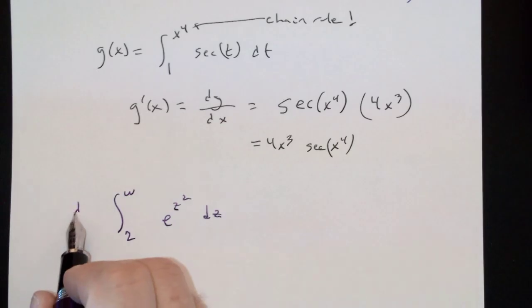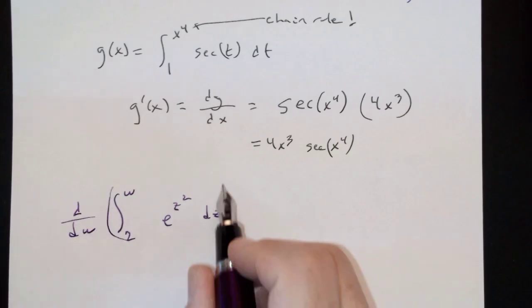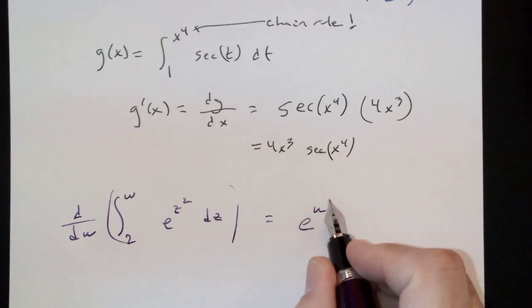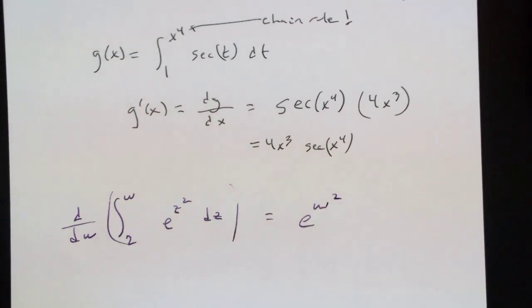And I want the derivative with respect to w. I don't care what the letter is. This thing matches this thing. That's all I have to do. Which letter I choose to use is completely irrelevant.